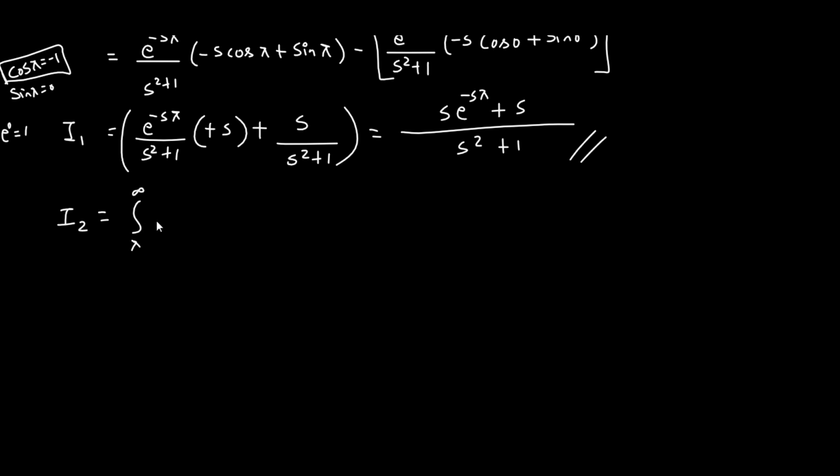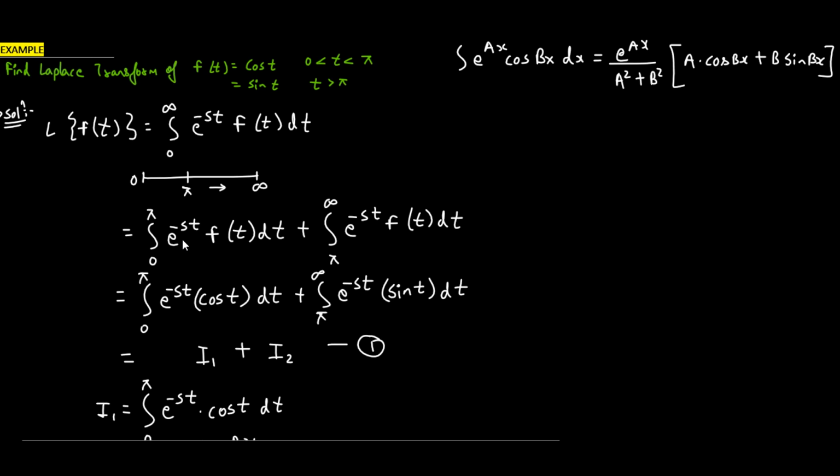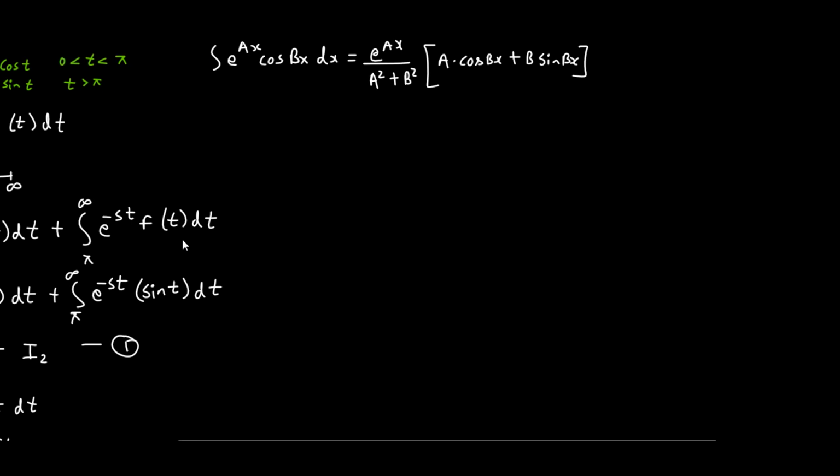I2 is the integral from pi to infinity of e raised to minus st sin t dt. So here also we can't use the formula of u into v, so we will use the formula which was shown over here, but here it is for cos bx.